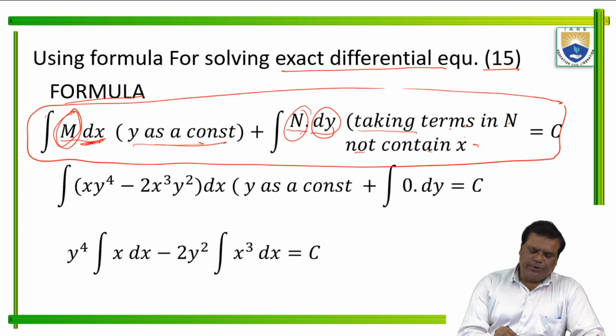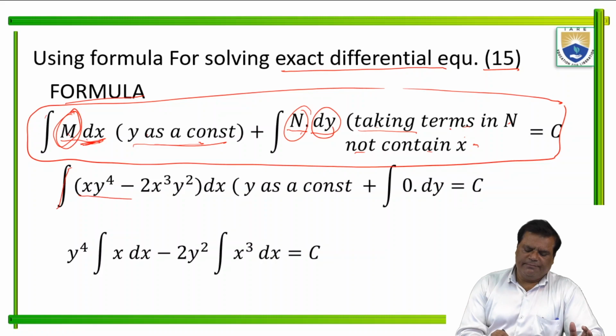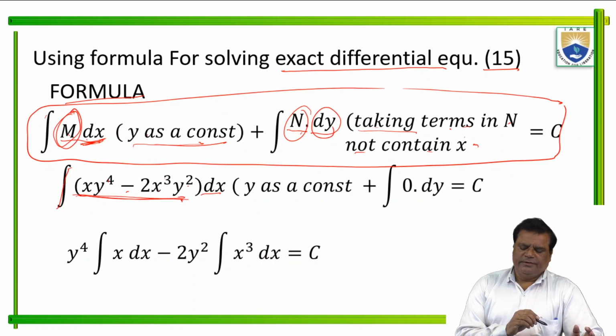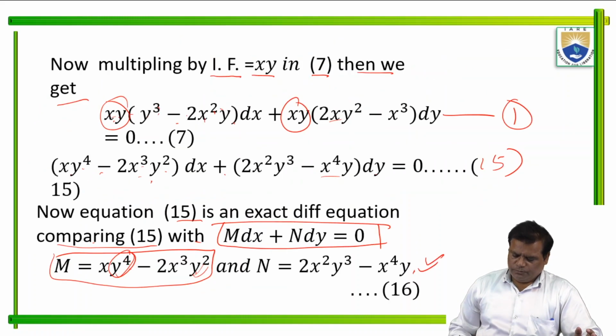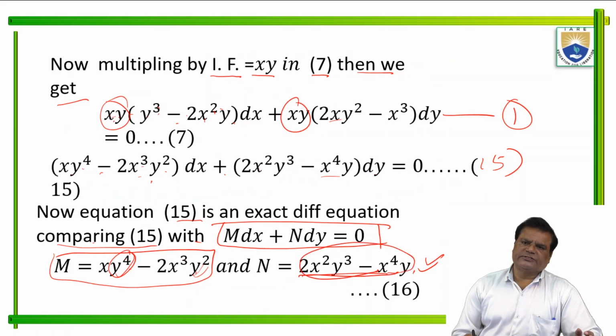Now I am putting the total value of M here: (x y to the power 4 minus 2x cubed y squared) dx. We keep y as a constant in this function, plus N. In our question, N has x in each term, with no separate y term.